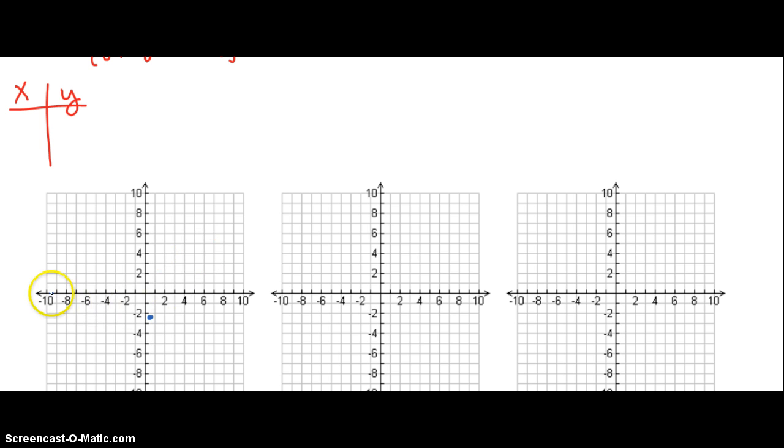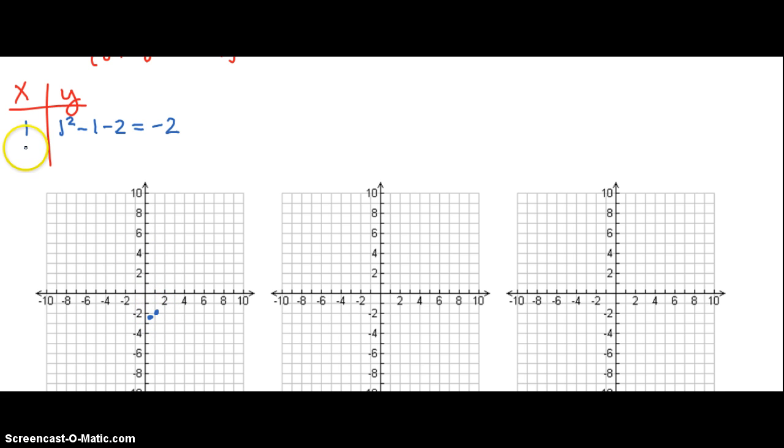So let's find two other points that hopefully are on the grid. If I plug in 1 into my original equation, it's 1 squared minus 1 minus 2. So that's going to leave me with a negative 2. So there's the point 1, negative 2. Oh, and there it is, 1, negative 2.